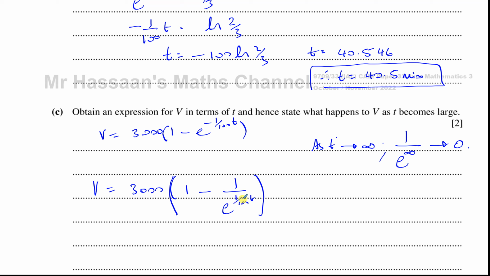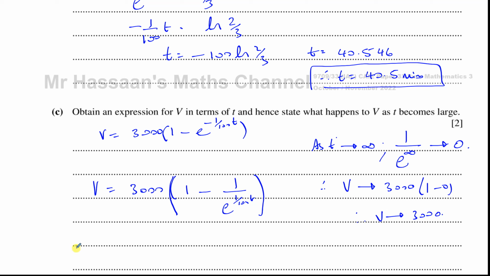Because if you make t really huge, you'll have e to the power of a really huge number, and 1 over something really huge is something that's close to 0. So this is going to approach 0. Therefore, v will approach 3,000 times 1 minus 0. So therefore, v will approach 3,000.